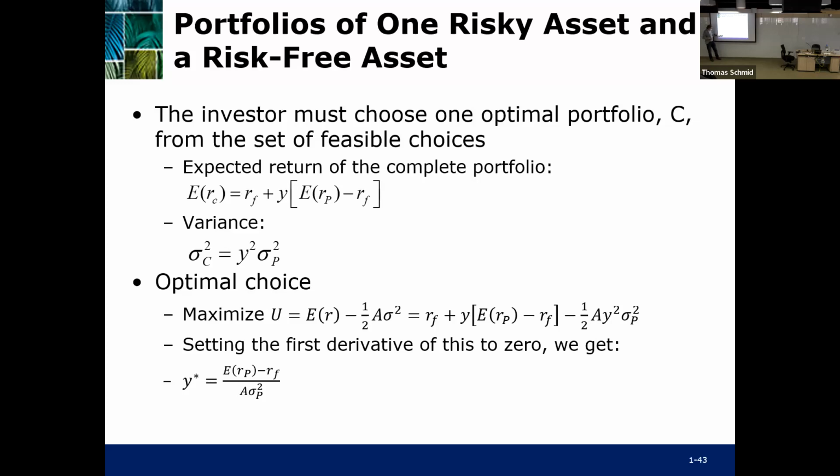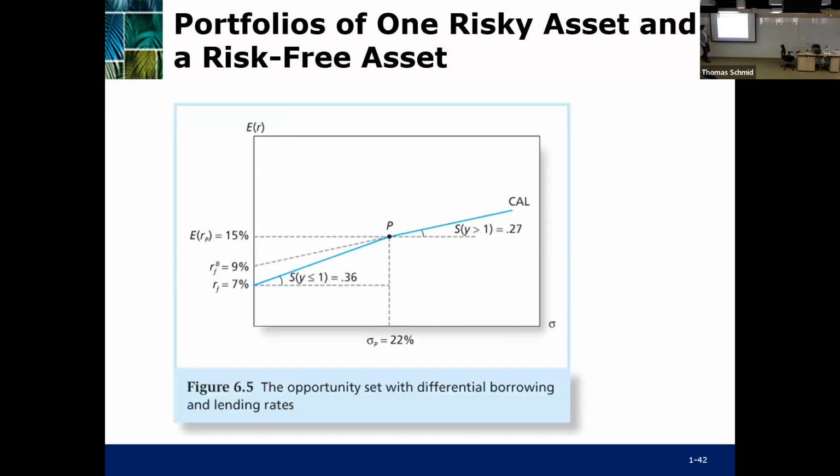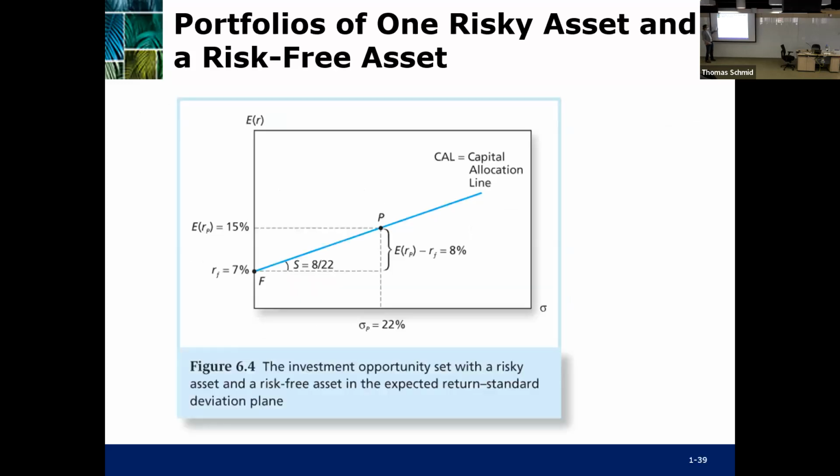So you can now also see something that is important to realize here, to keep in mind also for later. Sorry for jumping a bit, this capital allocation line is the investment universe, and this capital allocation line applies to all investors in this universe.